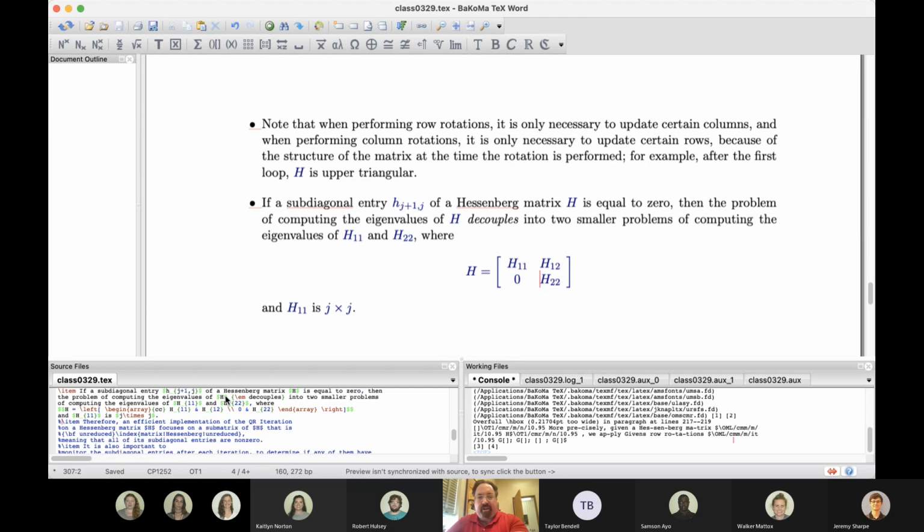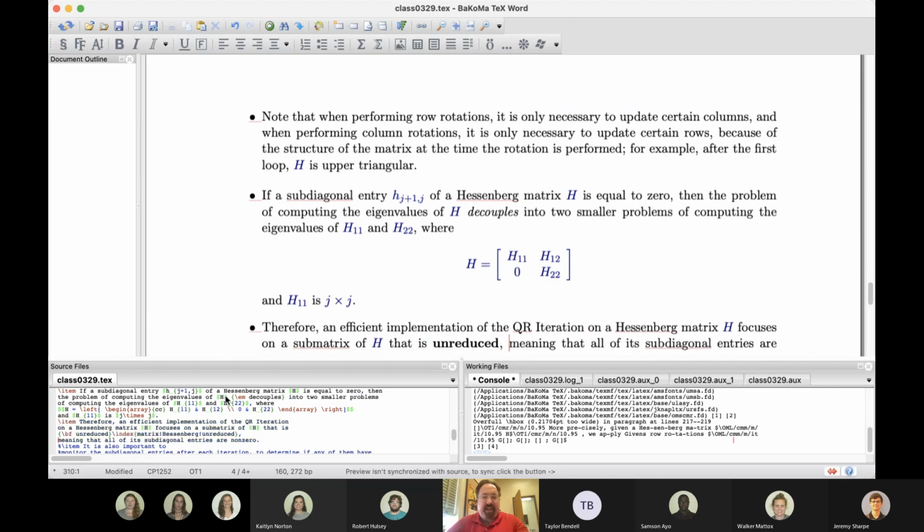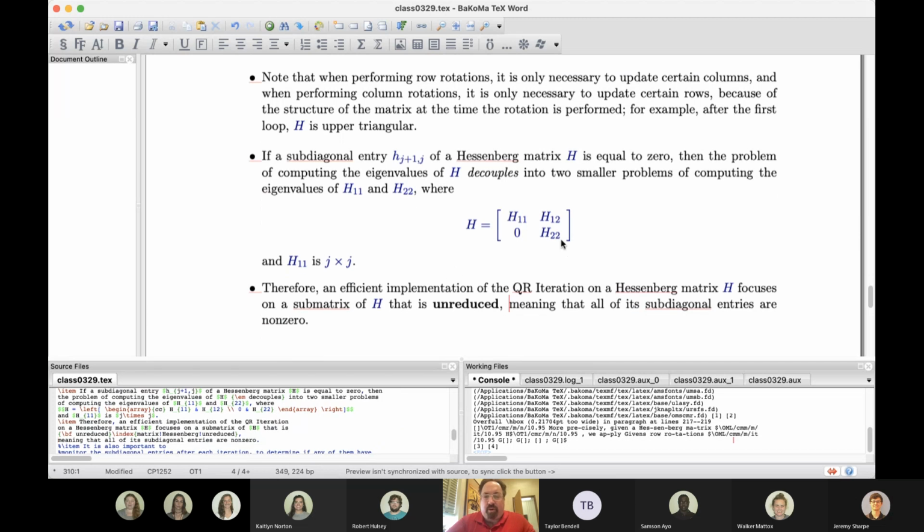So when you're carrying out a QR iteration, you may start out by working on the entire matrix, but you don't want to do that from beginning to end. You need to focus on a portion of this matrix that is said to be unreduced. So an unreduced Hessenberg matrix is one that has all subdiagonal entries non-zero. So if an entry becomes 0 and gives you this kind of structure, you want to pick one of these and continue working on it. Because if this is the only zeroed entry, all other subdiagonal entries non-zero, then both of these blocks would be unreduced.